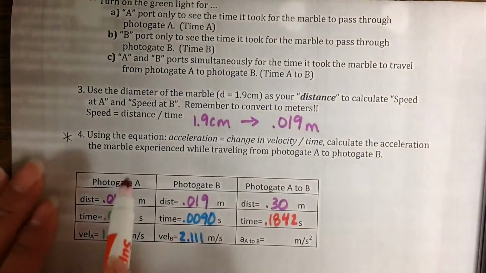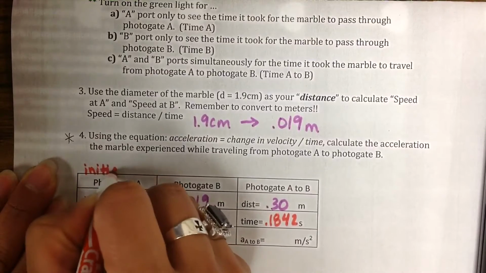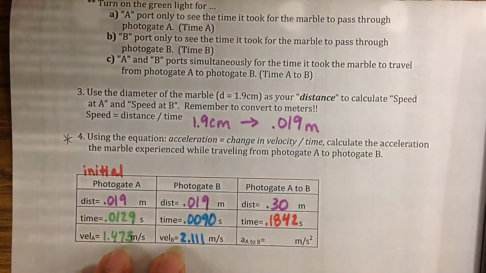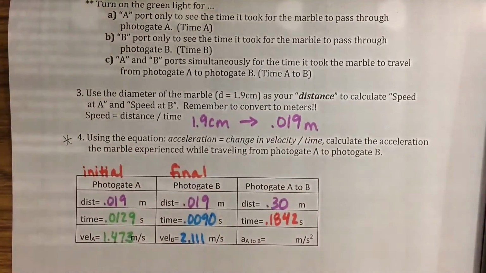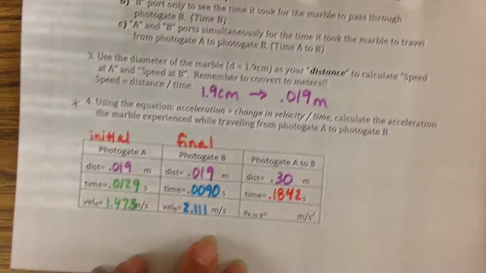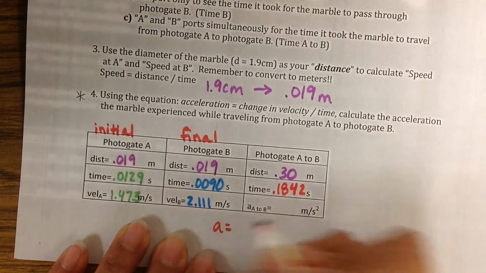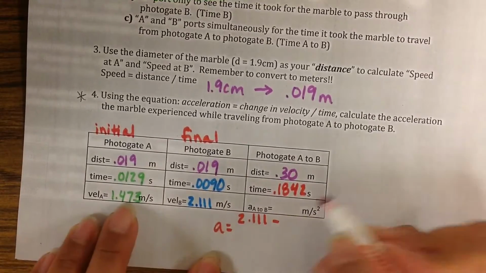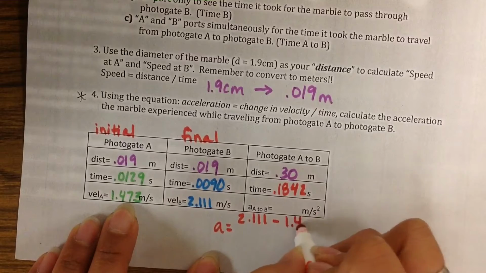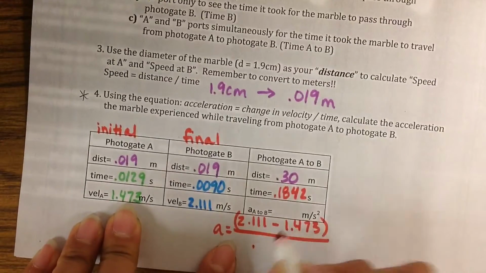So since the marble rolls through photogate A first, that is going to serve as our initial velocity. Photogate B comes last, so that will serve as our final. So according to our formula, we are going to calculate our acceleration by taking our final velocity minus our initial velocity, and then that will be divided by our time.